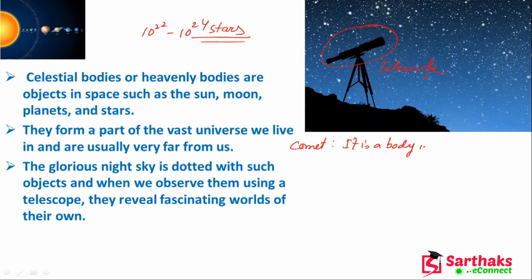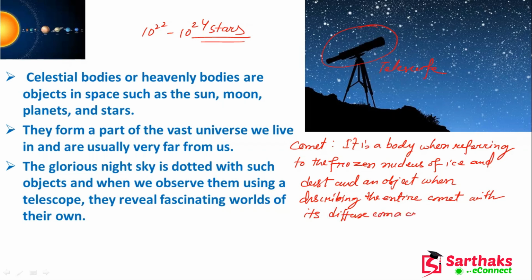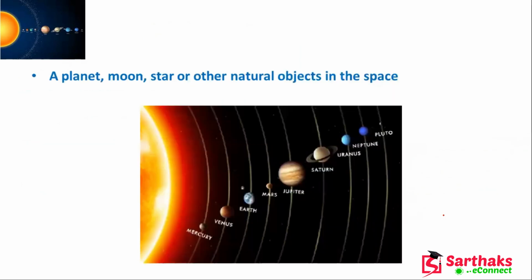It is a body when referring to the frozen nucleus of ice and dust, and an object when describing the entire comet with its diffuse coma and tail.